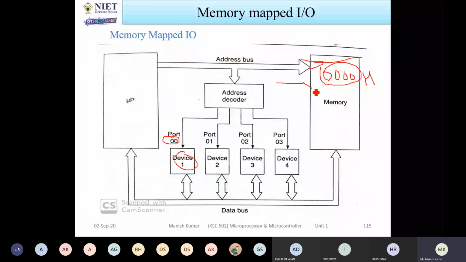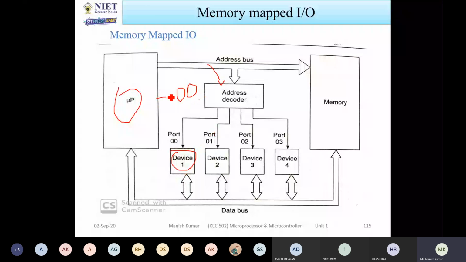Consider that the processor wants to read from device 1. You understand? If the processor wants to read from device 1, it has to send the address 00. Correct?